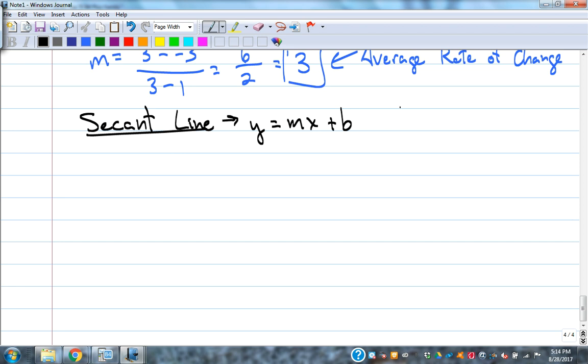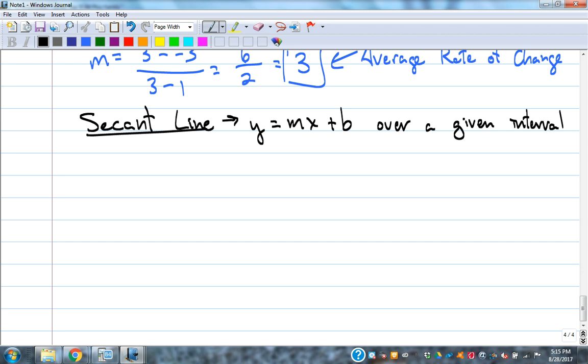So a secant line is a line y equals mx plus b. Equation of a line, right? Slope intercept form of a line. That's what we've done for a long time, over a given interval. If we want to find the equation of a secant line, we've got to have two things.